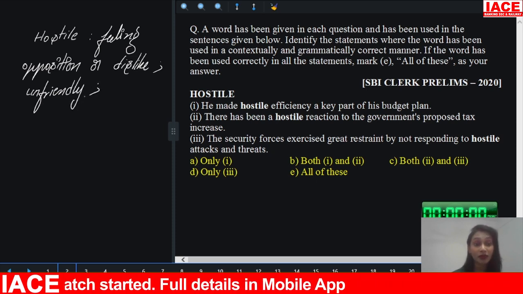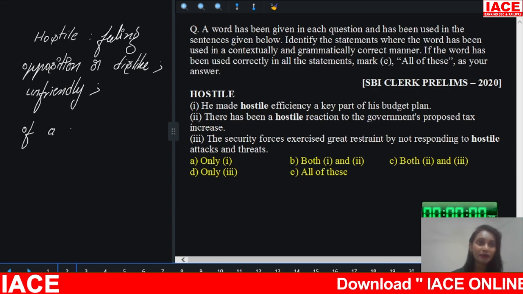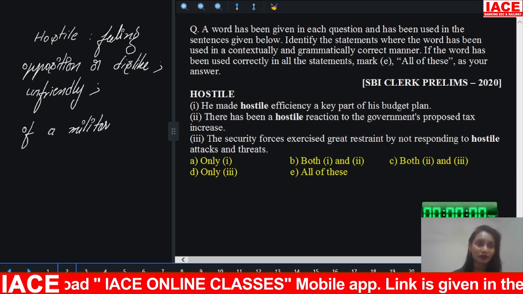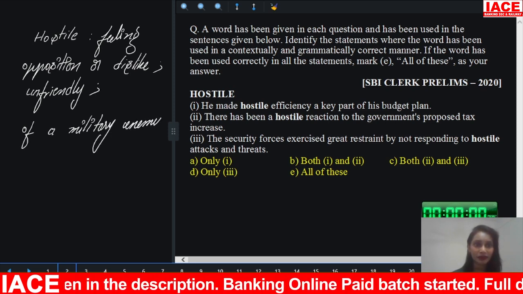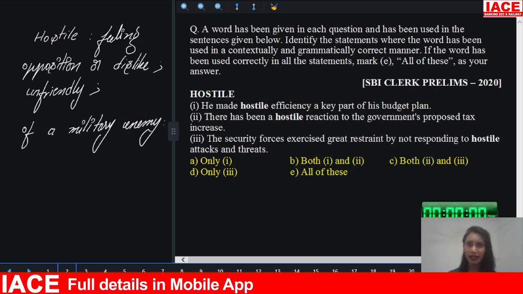And there is one more meaning which is related to military: of or related to a military enemy. So this is the meaning of hostile. Now, having learned, let us see the first sentence.